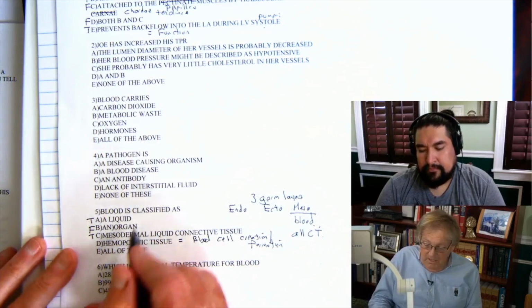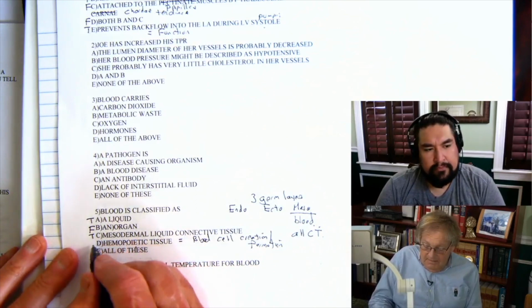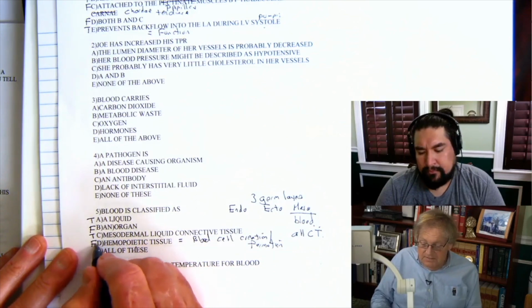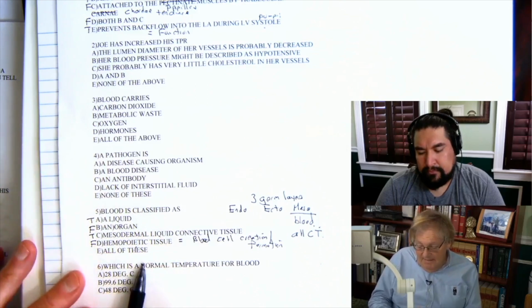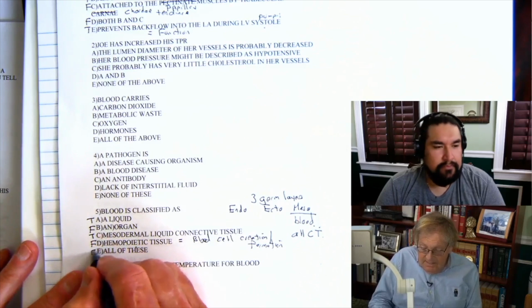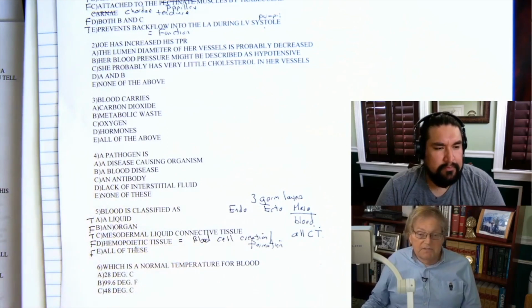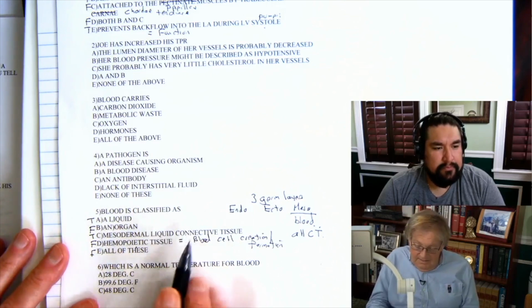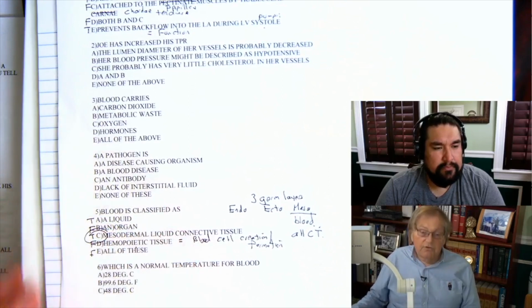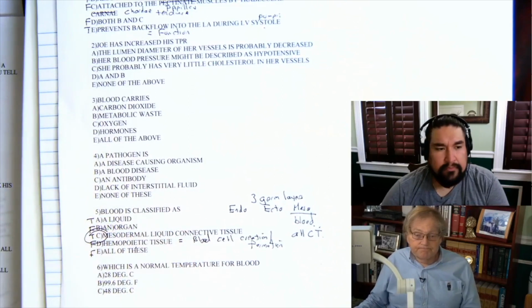So therefore, blood is not hemopoietic tissue, so that's false. E says all of these, well obviously it can't be that, so that's false. And therefore the question is, what's the best answer? The answer is, blood is a mesodermal, liquid, connective tissue, and there's your correct answer to that question.